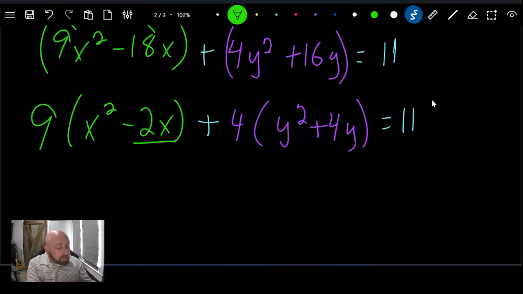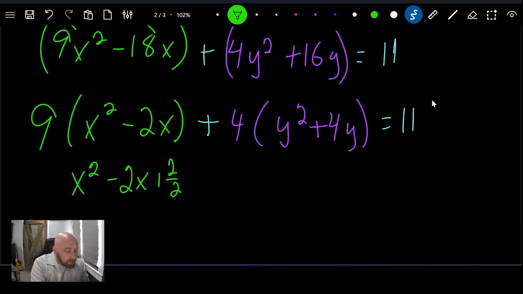How do we do this? We take the 2 and we cut it in half, and then we square it. So x squared minus 2x, and then we cut the 2 in half, so 2 divided by 2, and then we square that. So we have to multiply this on the other side by the 9. So what is 2 over 2 squared? 2 over 2 is 1. 1 squared is 1.